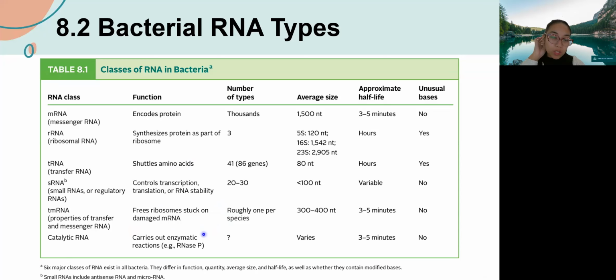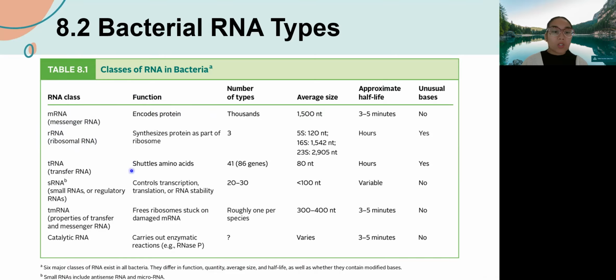So these are the different types of RNA that the bacteria have. Of course, mRNA is the one that encodes the information to make protein, but bacteria also have rRNA, which is called ribosomal RNA, which is used to make the ribosome itself. Ribosomes are made up of a mixture of protein and RNA. So the RNA part is called rRNA.